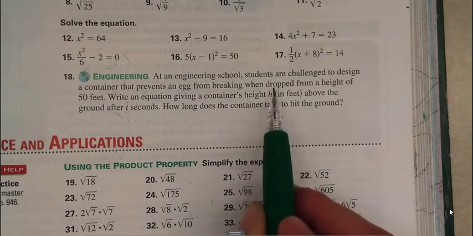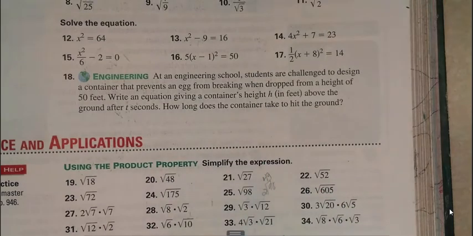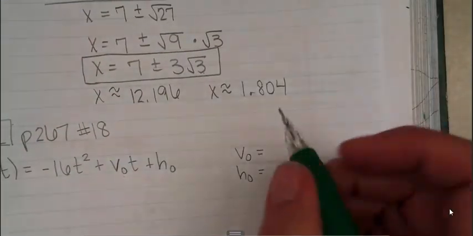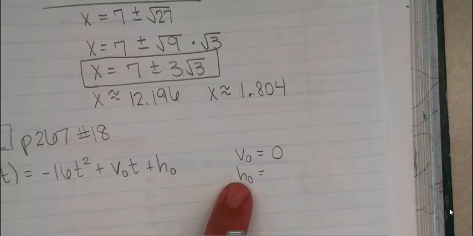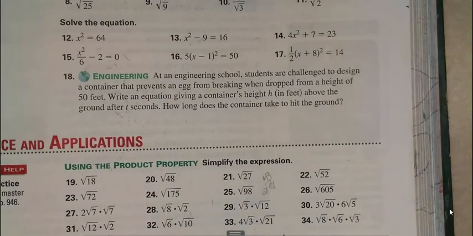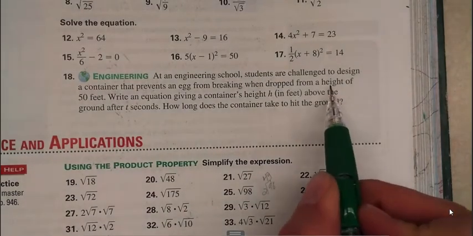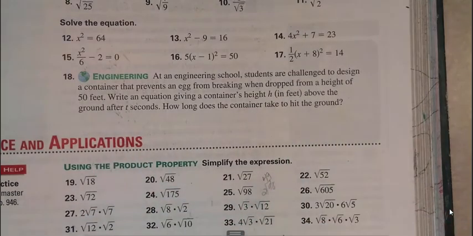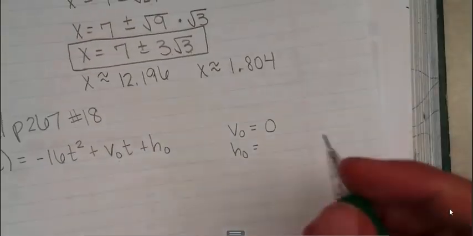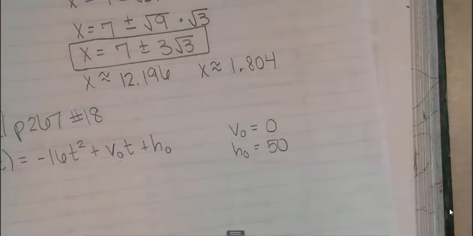If it's being dropped, that means that nobody's actually throwing it. So your initial velocity on this one becomes 0. Okay, and now we just need our initial height. It is being dropped from a height of 50 feet. So our h naught is going to be 50.